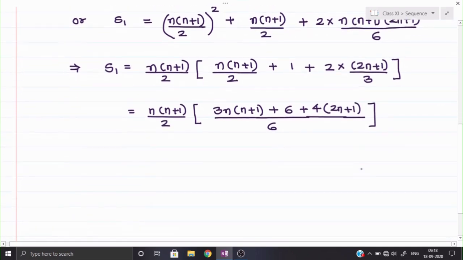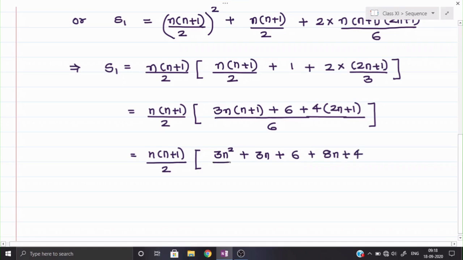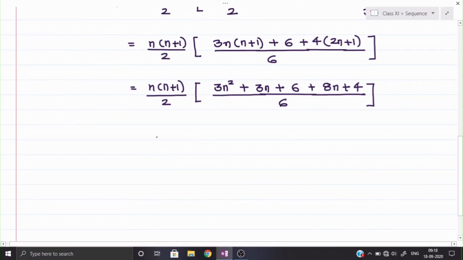Now the numerator part we will simplify. So it would be n into (n plus 1) upon 2 into the bracket 3n square plus 3n plus 6 plus 8n plus 4, whole divided by 6, is equal to 3n into (n plus 1) upon 2 will be as it is.